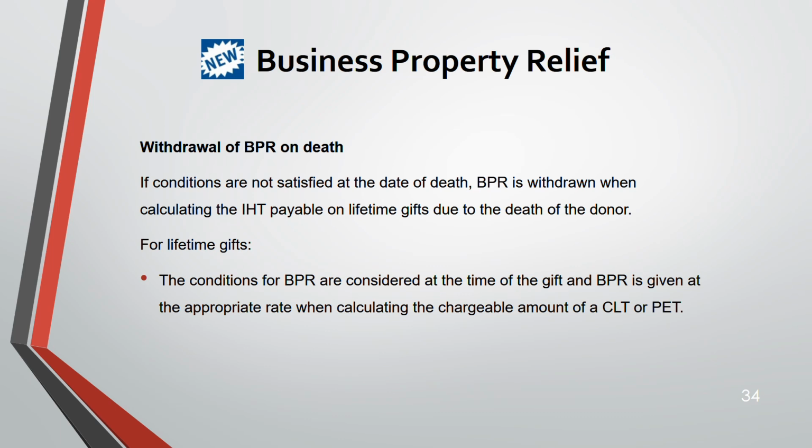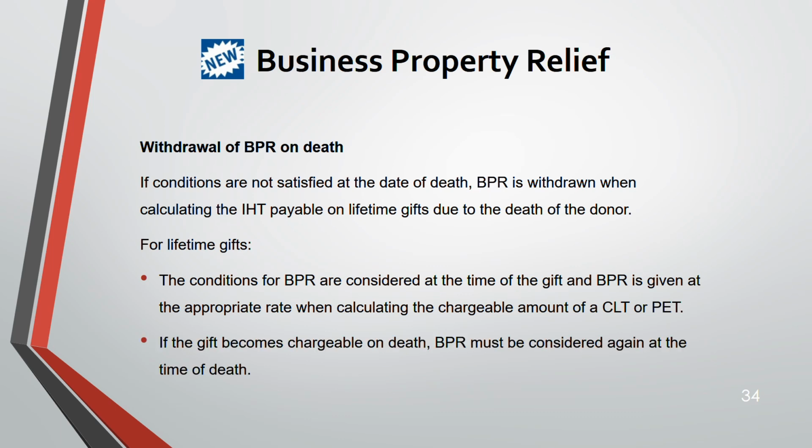This we know. If the gift becomes chargeable on death, BPR is again considered at the time of death. It's not that you see the conditions once and give BPR forever. Again, at the time of death, if the gift becomes chargeable, you check whether BPR is available. Because if the gift does not become chargeable, what's the point of taking BPR?